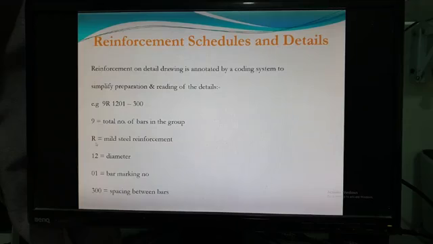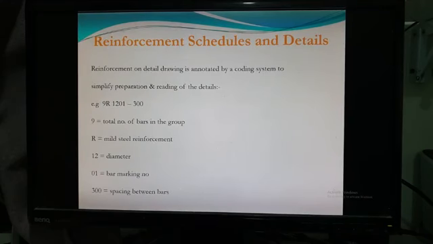R means that it is a mild steel reinforcement. 12 means that the diameter of the mild steel reinforcement is 12 mm. 01 is the marking number, for bar number 1.